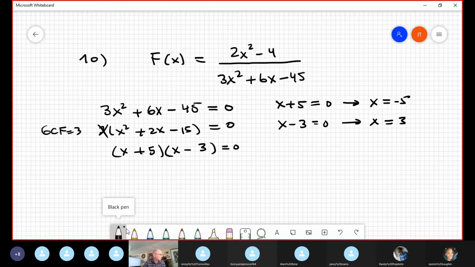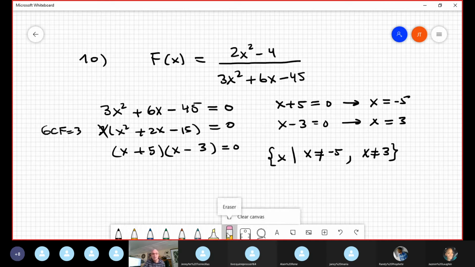Now, the domain of this expression is all real numbers except positive 3 and negative 5, like option C. You write it like that: x such that x not equal negative 5, comma, x not equal positive 3. So, option C. Any question? Okay. Are you bored? Everything is easy so far? Okay.